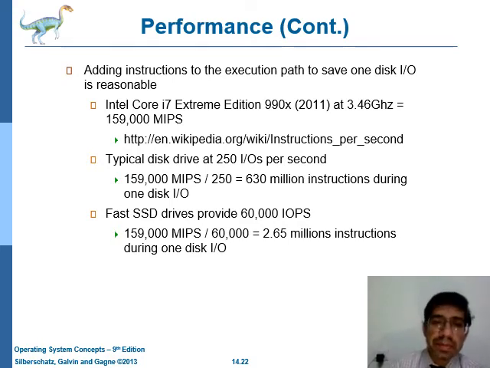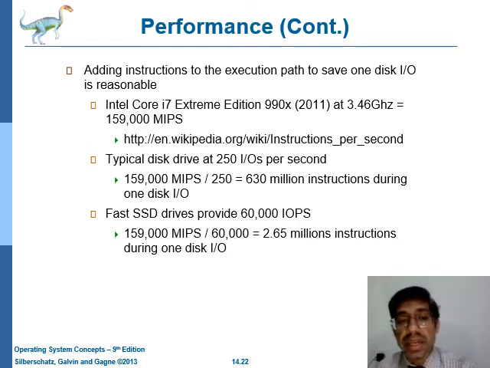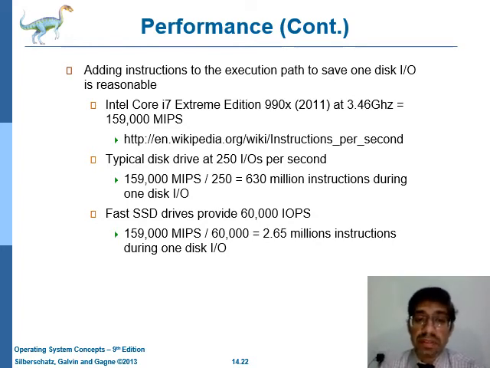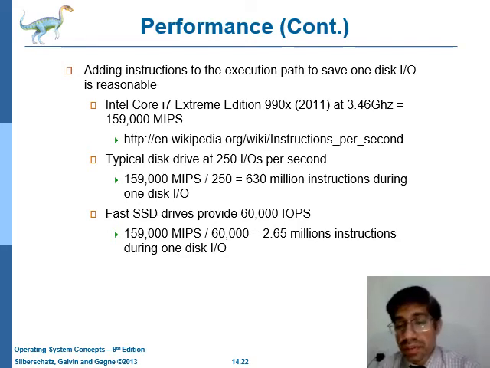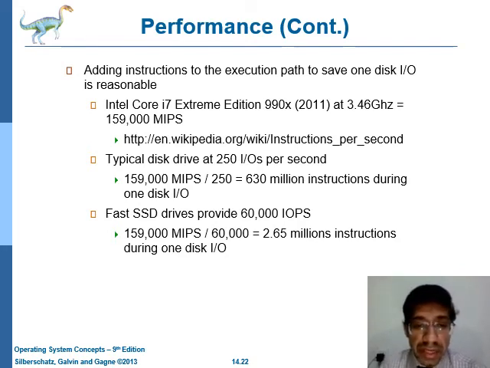For example, the Intel Core i7 Extreme Edition 990X, from 2011, operating at a speed of 3.46 GHz, offers a completion speed of 159,000 millions of instructions per second. Similarly, a typical drive speed of 250 input output operations per second could lead to 613 million instructions during one disk input output operation.